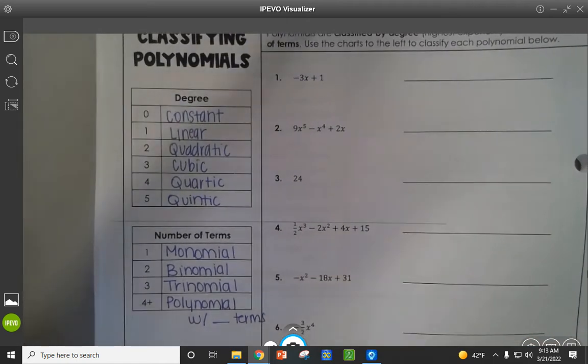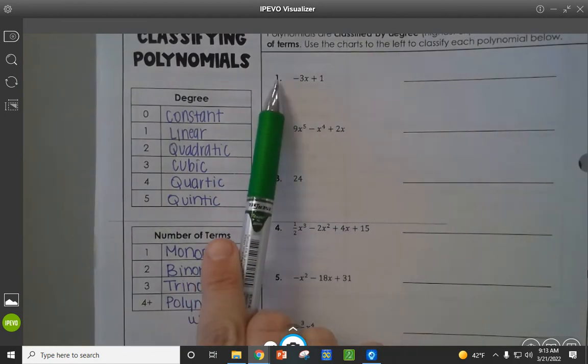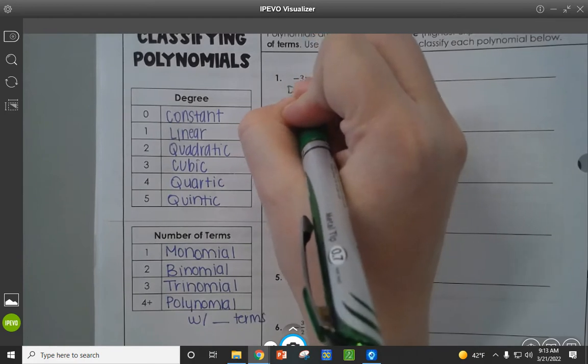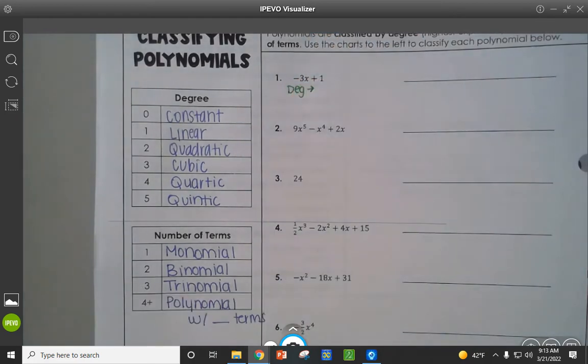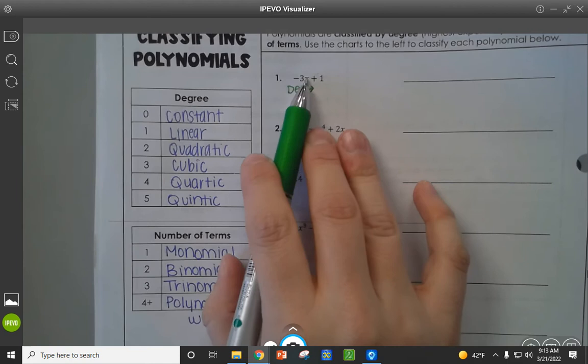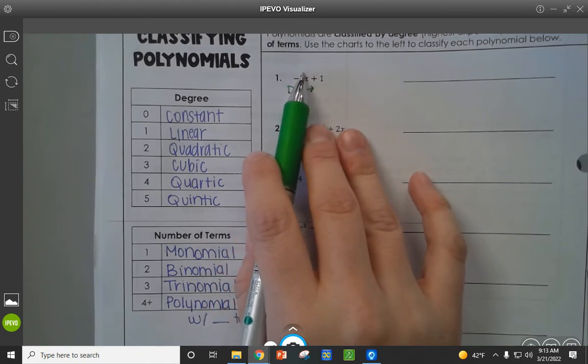So let's go through some examples of naming these polynomials. So number 1, what is the degree? What is the highest exponent? Do you even see an exponent? No, but we do have an x. And what do we assume the exponent is when there's just an x? 1.